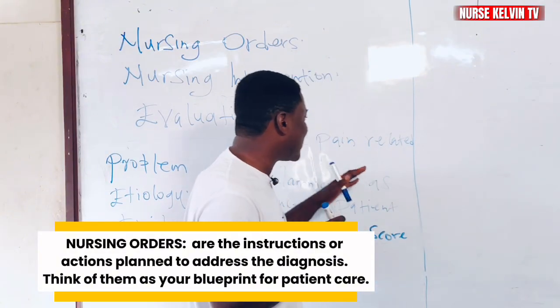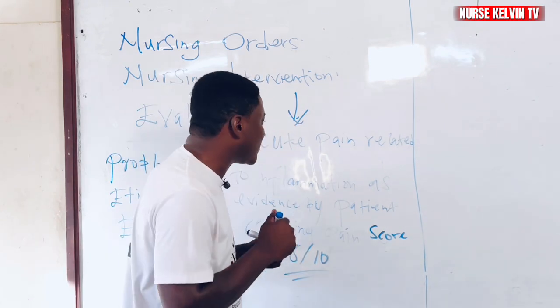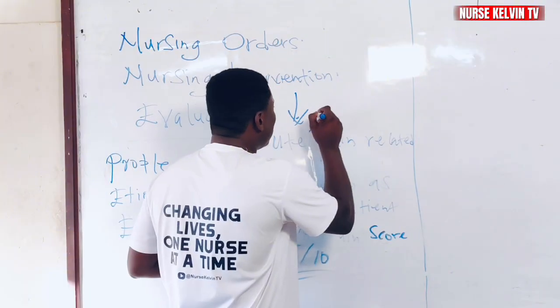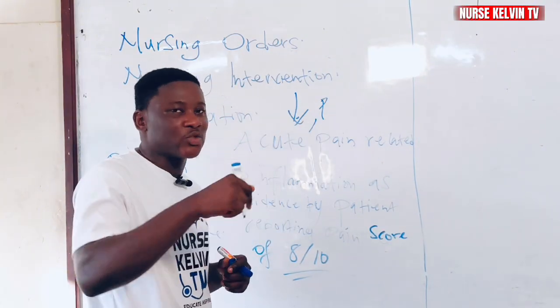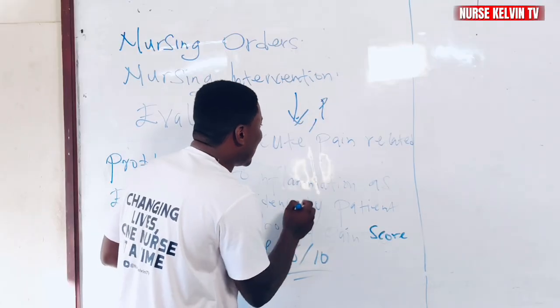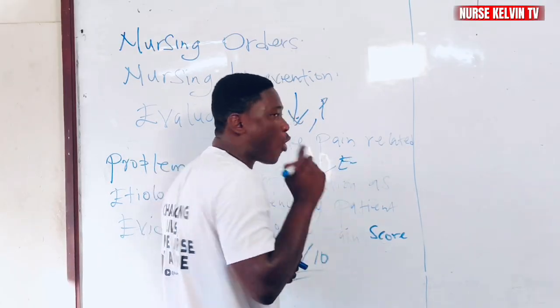And for the nursing diagnosis, we have the PES method. The P is the problem, which is the pain. Then we have what is causing it, the etiology, which is the cause.